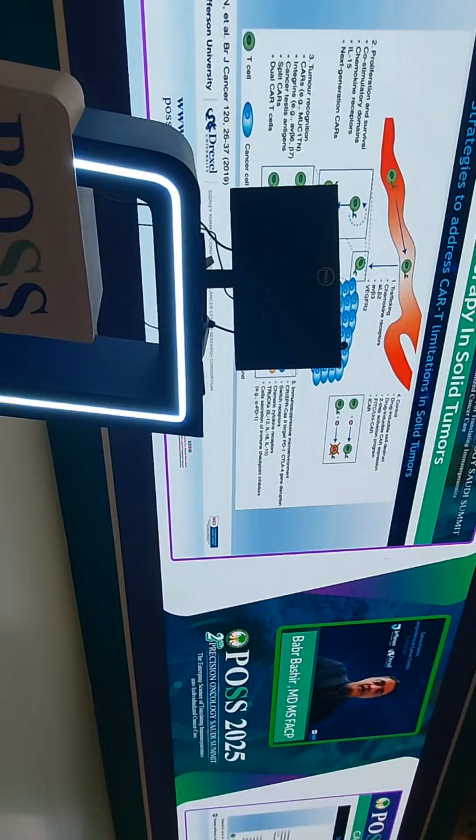Some of the other strategies are to overcome this aggressive tumor microenvironment using CRISPR-Cas9 knockout of PD-1 and CTLA-4, and some switch receptors, or something called TRUCK, which is mutated cytokines that can further enhance the activity of CAR T therapies.